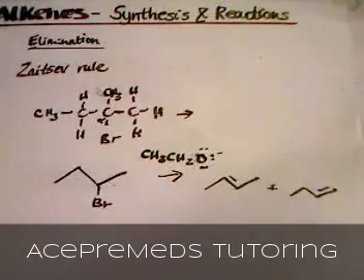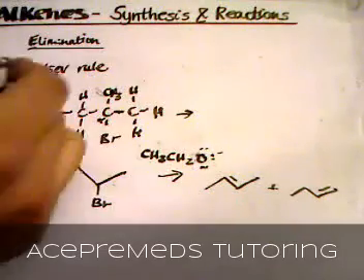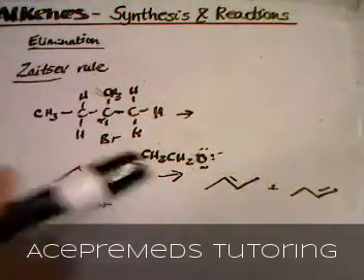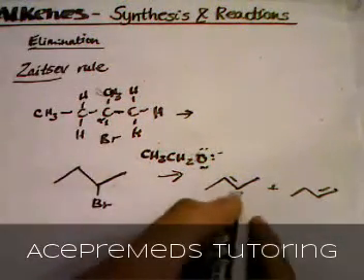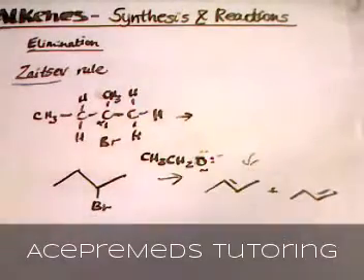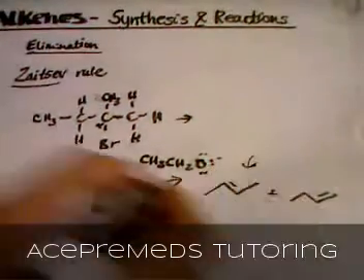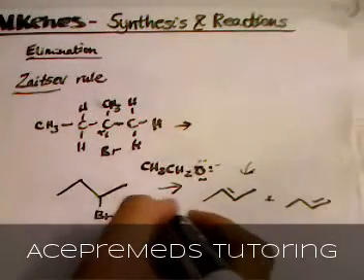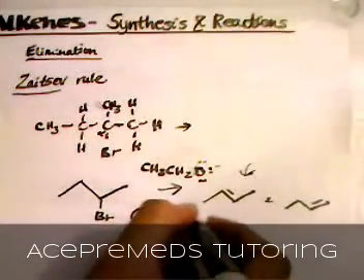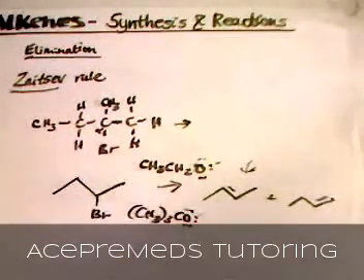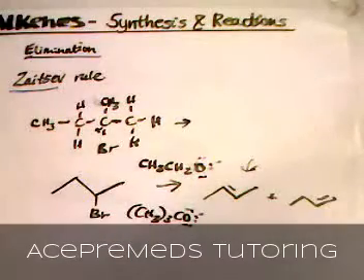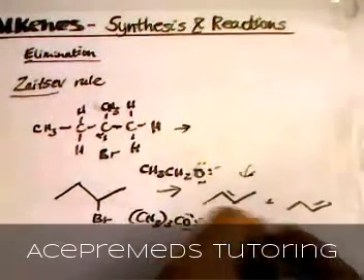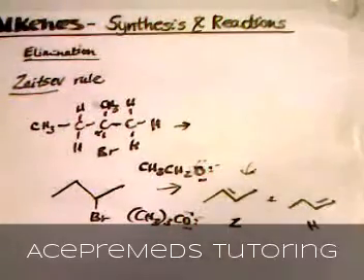That's a non-bulky base that will generally favor, because the Zaitsev rule applies most of the time, this being the major product. But if we choose tert-butoxide, for example, it's a strong, bulky base, and that favors the Hofmann product. So that's the Zaitsev product, and that's the Hofmann product.